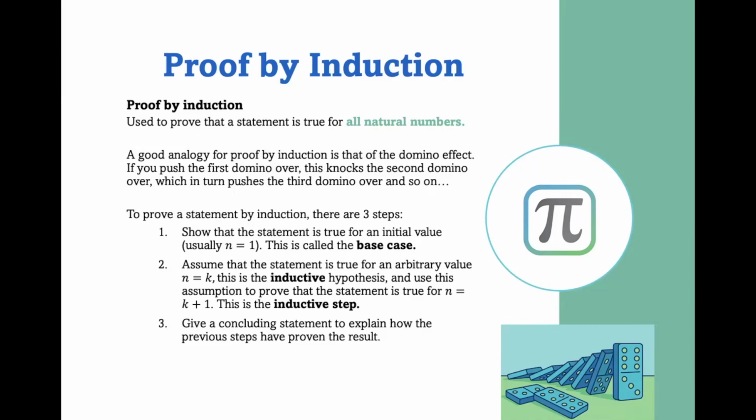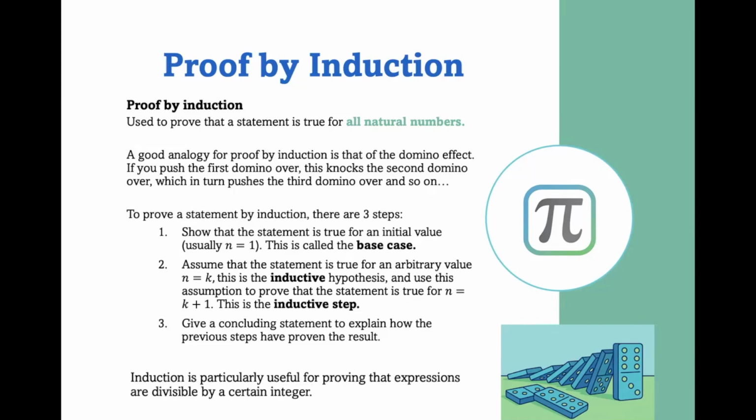And you have started by showing that it's true for what would normally be the first number, n equal to 1. Like a domino effect, the proof is true then for all the natural numbers. And at the end of the proof, we generally state a concluding statement to explain how the previous steps have proved the result.